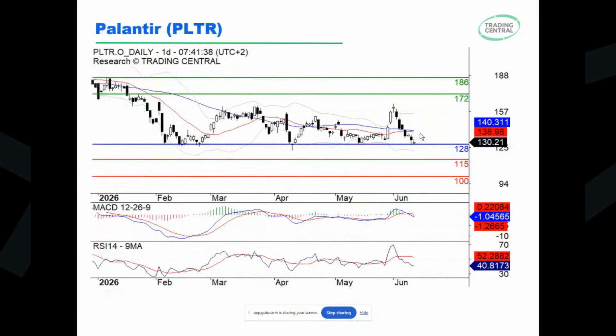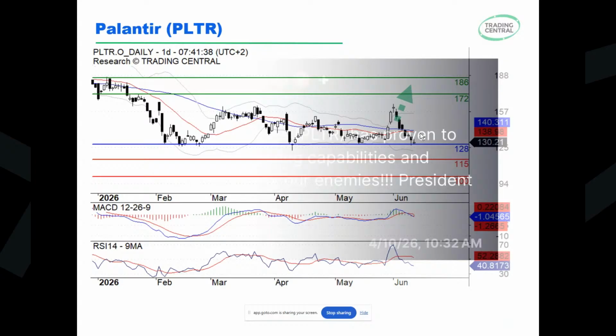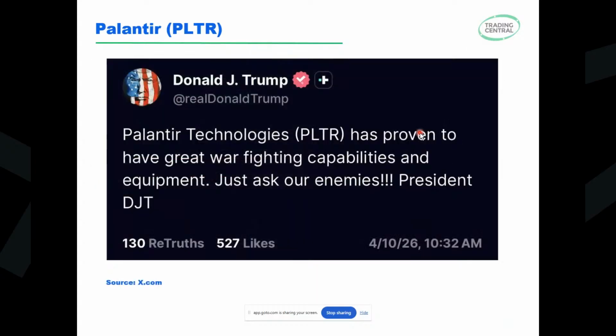Palantir, okay, I repeat, is a stock that uses AI to help the U.S. Defense Department military to fight a battle, to fight war, okay, AI. Remember, our good old friend President Trump praised this stock some time ago, and it was in April.